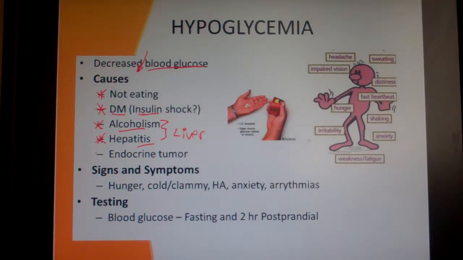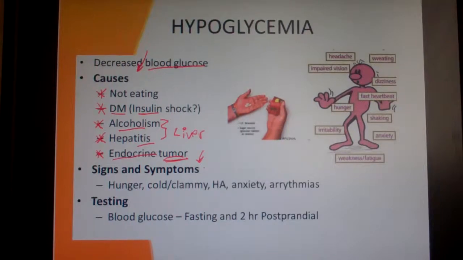Okay, and then of course there's an endocrine tumor, where you're overproducing something, say insulin, for example, and making too much insulin that'll drop your blood sugar level.